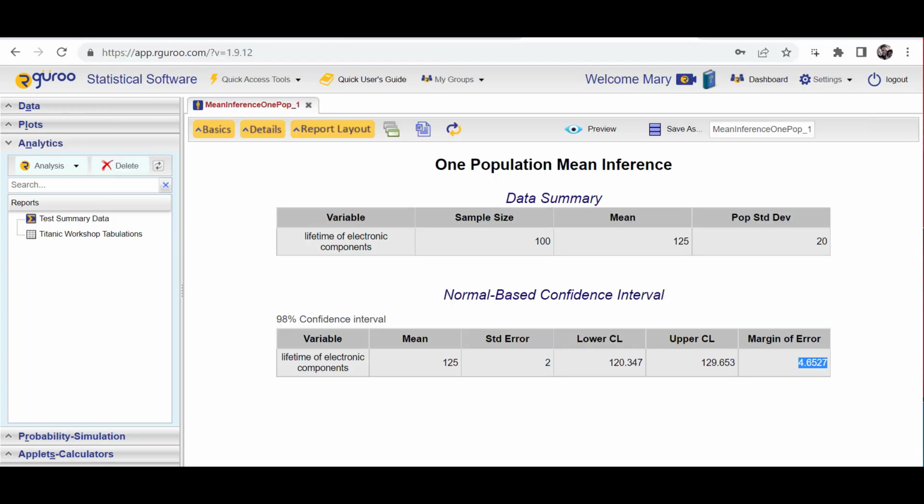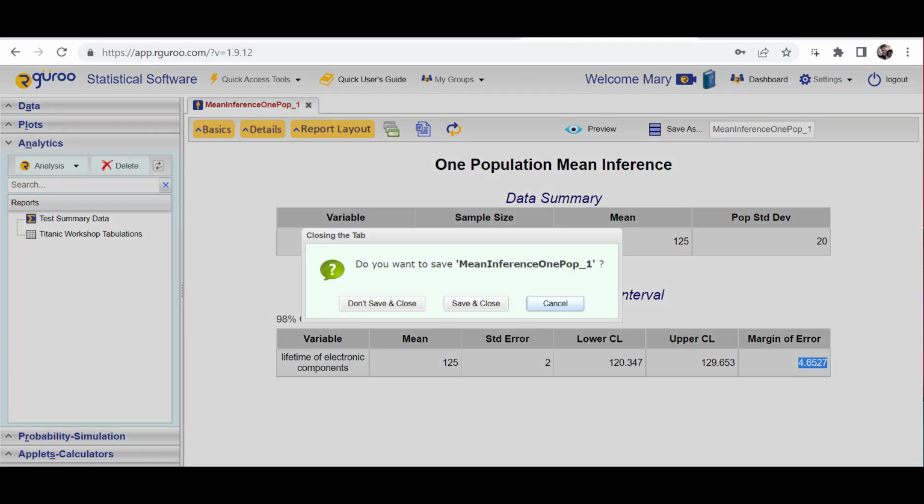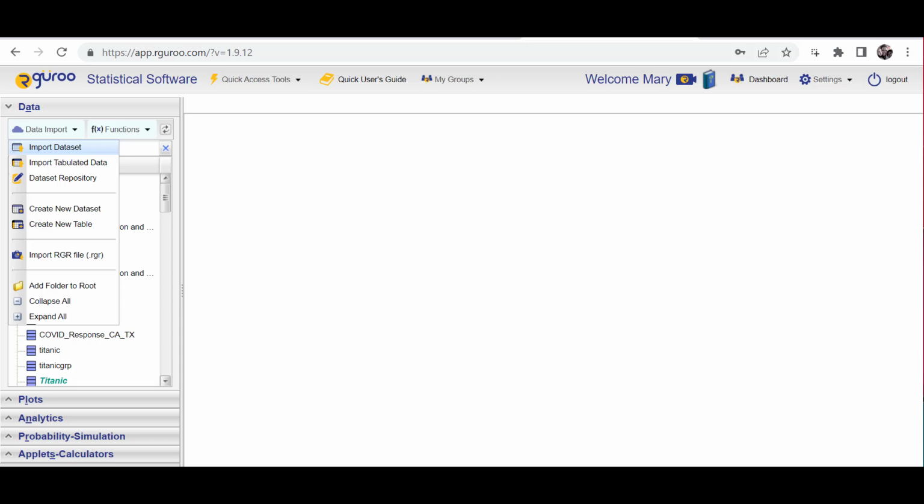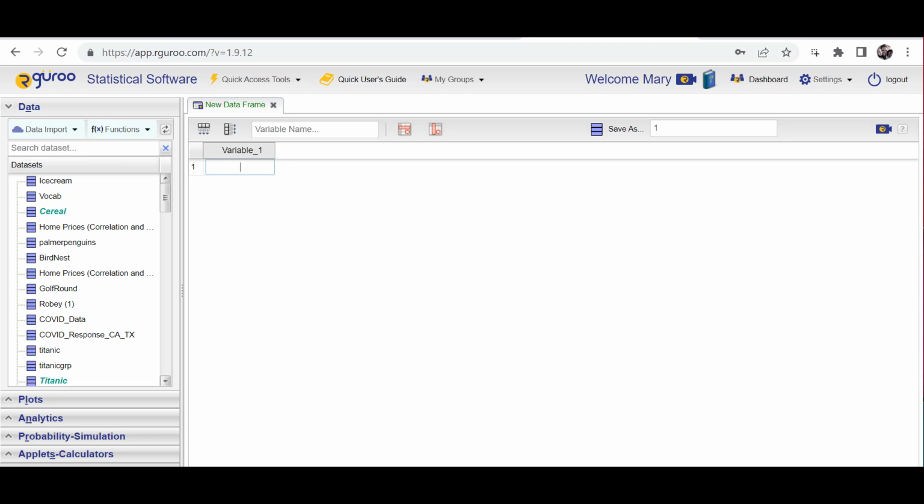All right, so the first thing is we need to add this data set. So you're going to go to Data, go to Data Import, and choose Create Data Set. Our variable name is BlackBerry, I'm just going to do price.